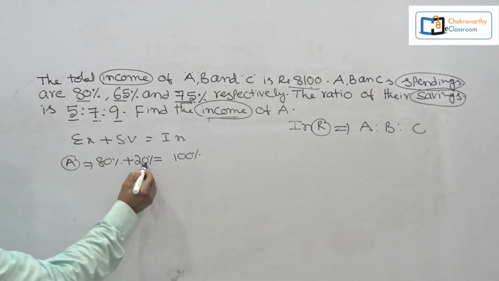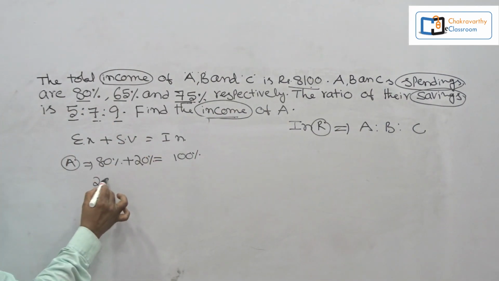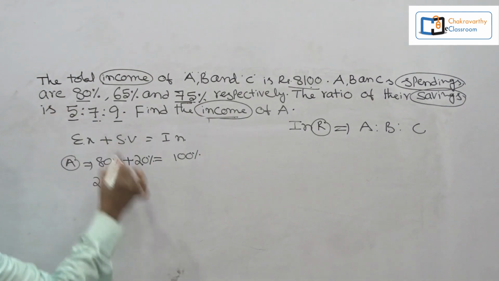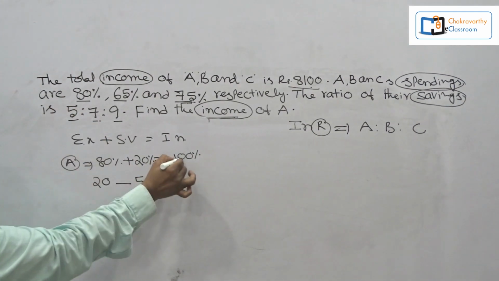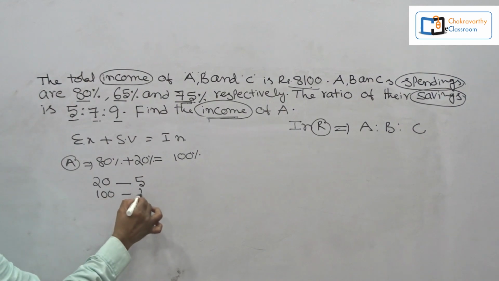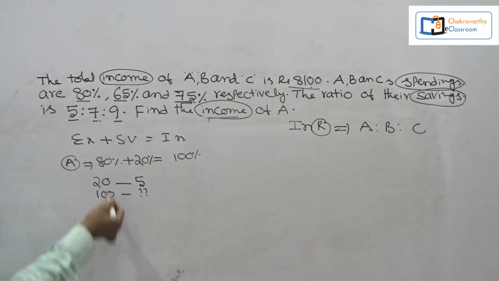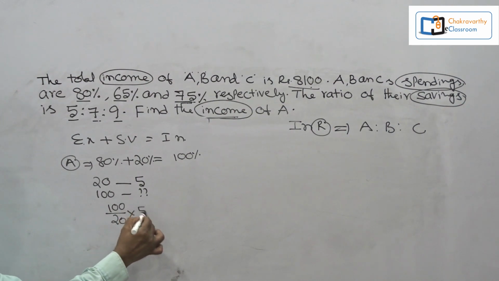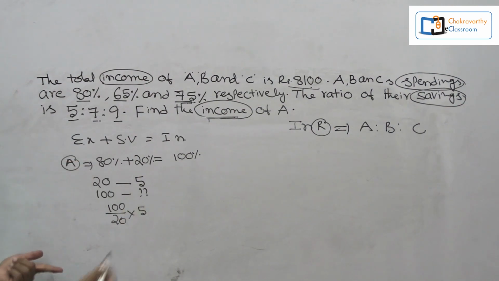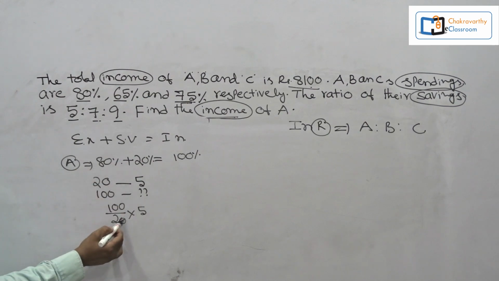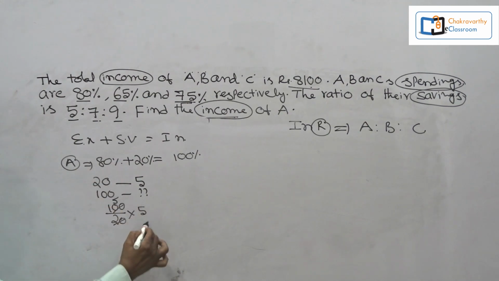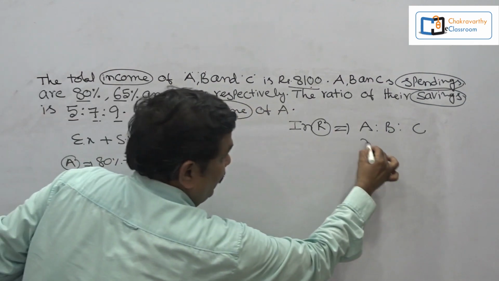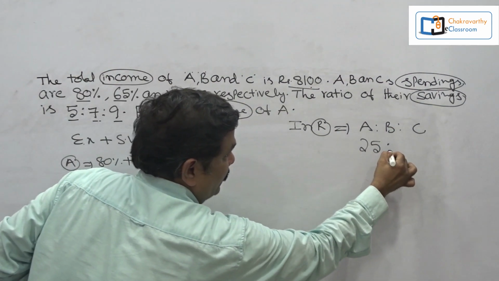Now this 20 equals 5 in the ratio. Then 100, I need the income ratio. 100 is how much? It is 100 by 20 into 5, which is 25. Now I am taking A's income as 25 parts.